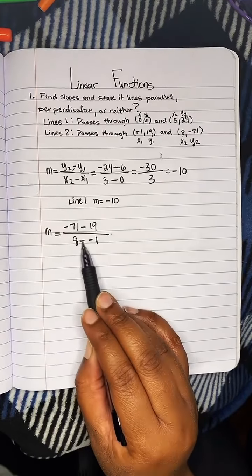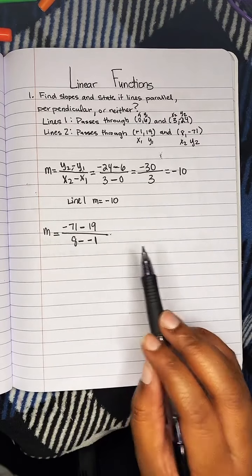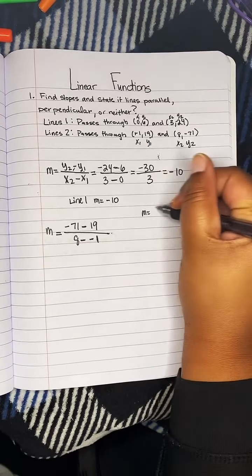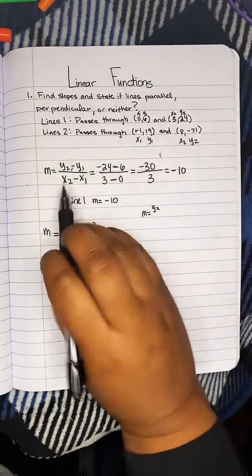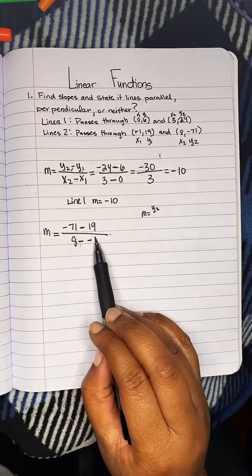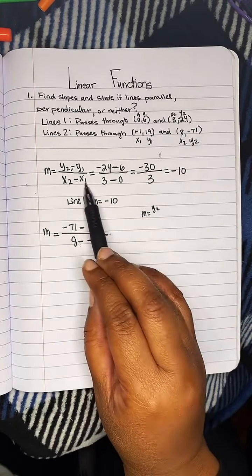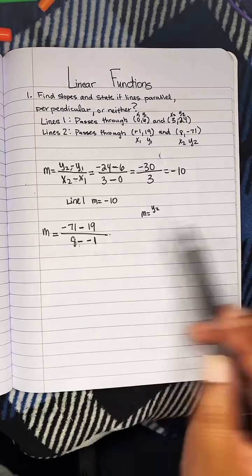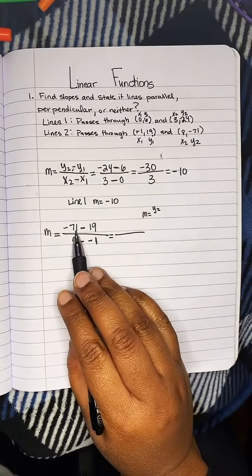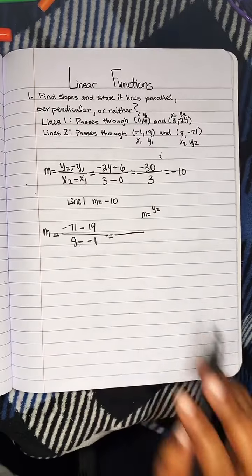Remember, this minus is a part of our formula. Oh, did I write our formula? No, silly me. That's why people are confused. So y2, oh yeah, I wrote it right here. So this minus is here, but the x1 is the negative 1 right here.